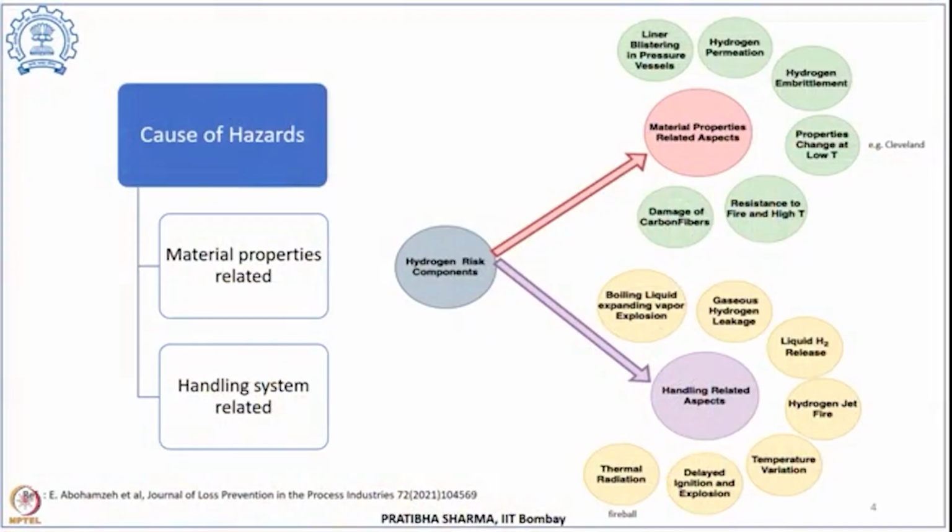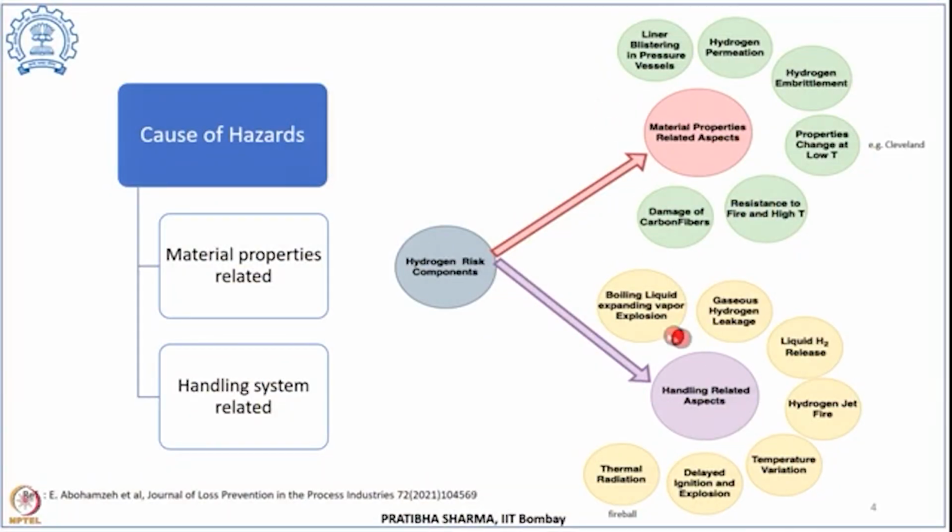Now the characteristics of the vessel and the filling characteristics are all determined by the fiber density and stacking phenomena of the carbon fibers. Sometimes carbon fiber damage can lead to catastrophic incidents. Now these were the material property related hazards.